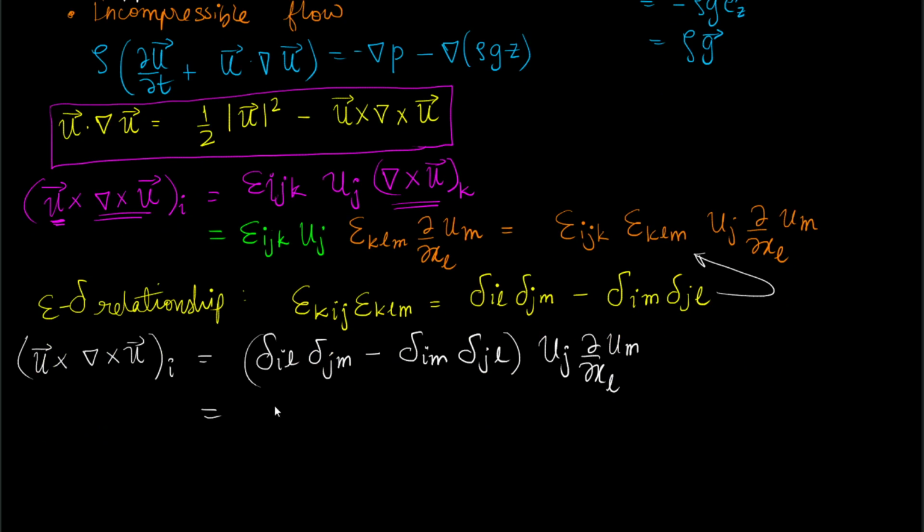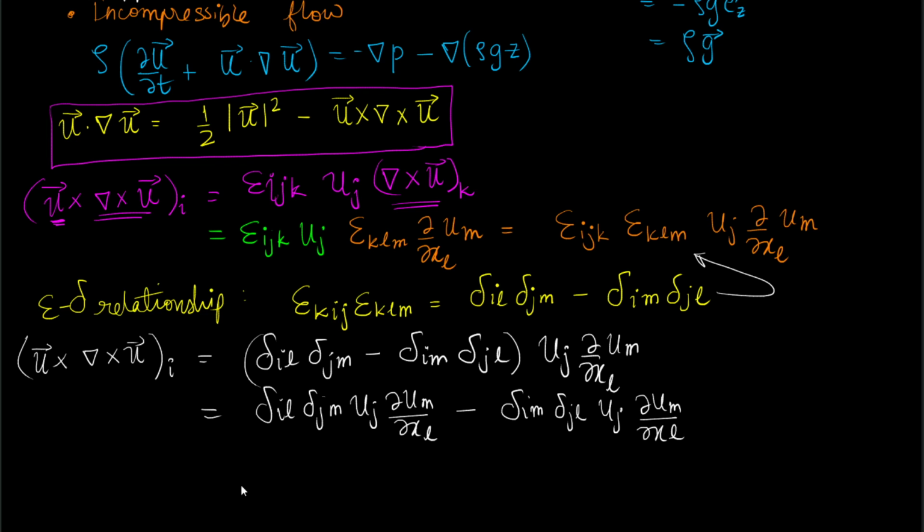So this is delta il delta jm uj del del xl minus delta im delta jl uj del del xl.